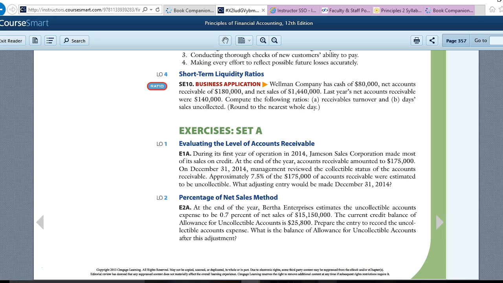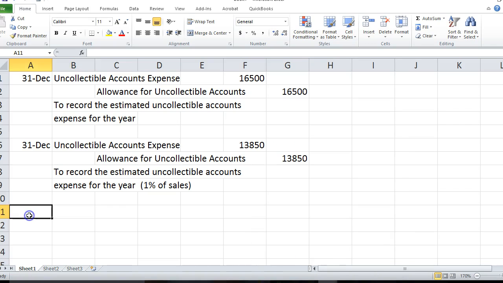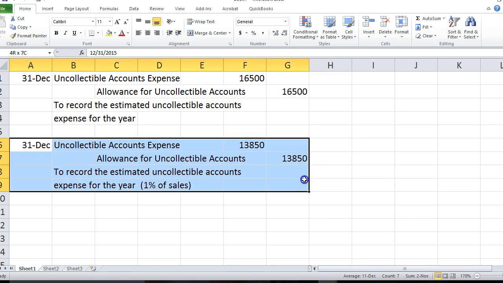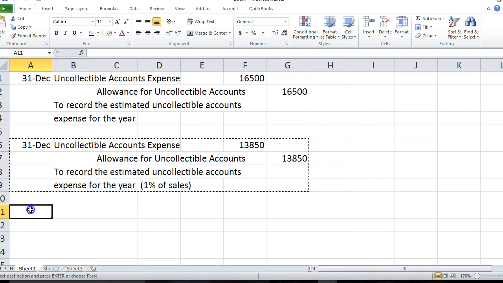So what we're going to do here is let's first record the journal entry for E2A. What are we going to do here? Same accounts. Okay?